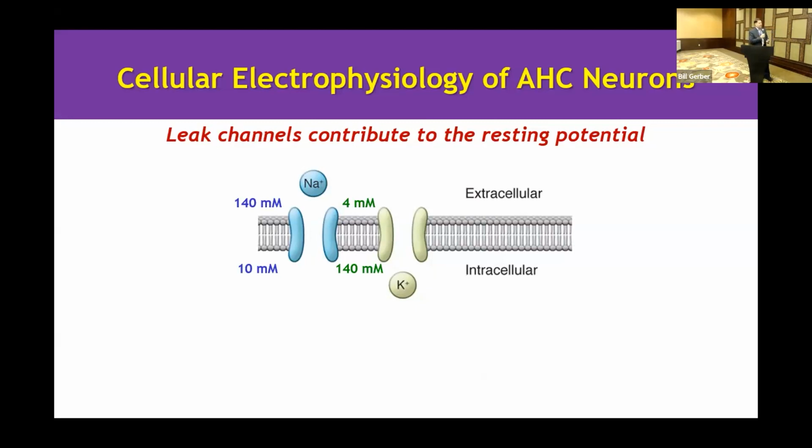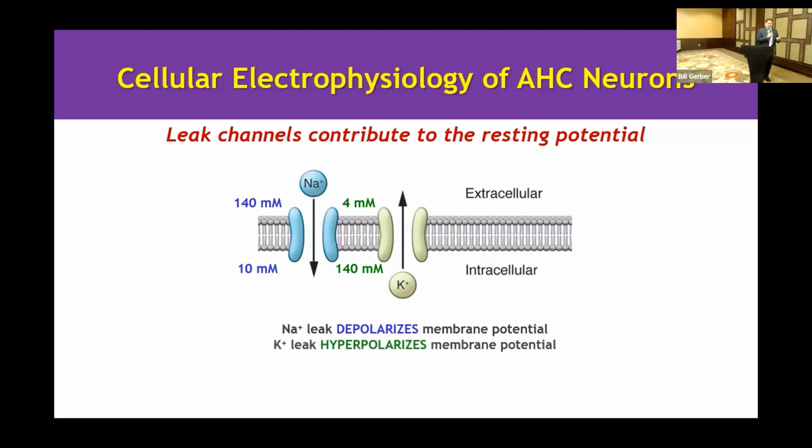Now here I have to regress a little bit into some basic neurophysiology, which is all membranes have channels that allow either sodium or potassium to leak across the membrane. If the cell allows sodium to leak across, now this is separate from the pumping action of ATP1A3, the membrane gets less polarized, or it's called depolarized. If, on the other hand, it allows potassium to leak out of the cell, it gets more polarized or hyperpolarized.